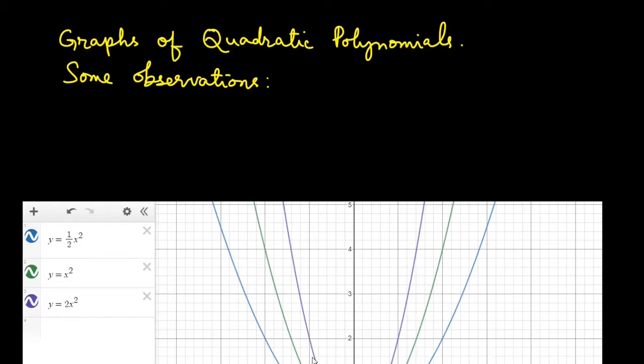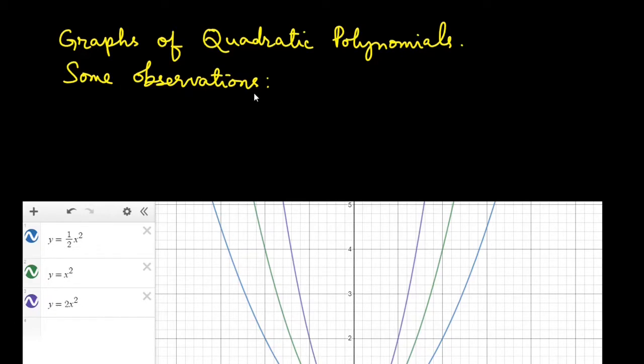How can we immediately write some examples? First, let us observe the graphs and later we'll come to some conclusions so that we can write examples for quadratic polynomials having two zeros, having only one zero, and having no zeros.